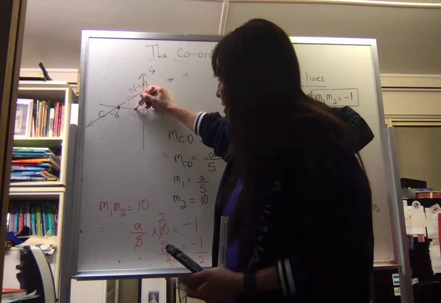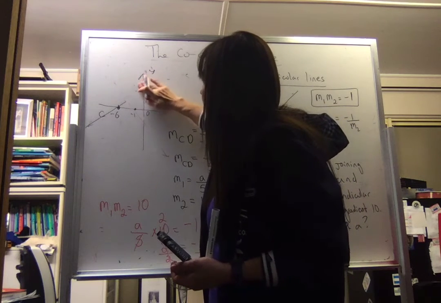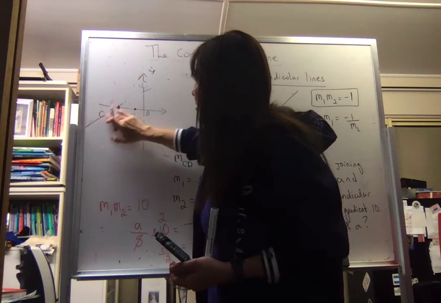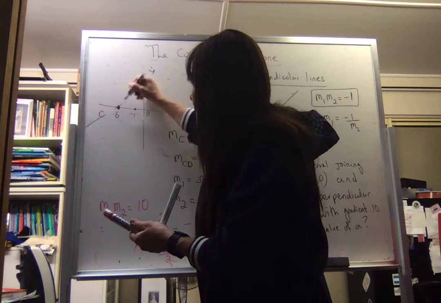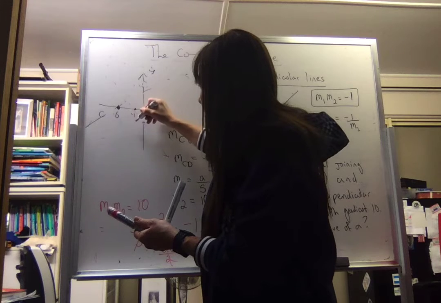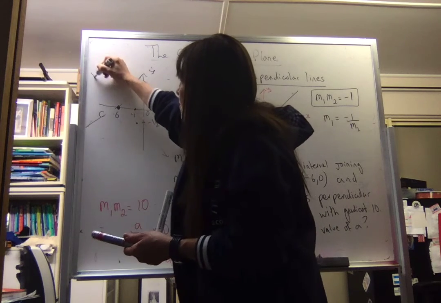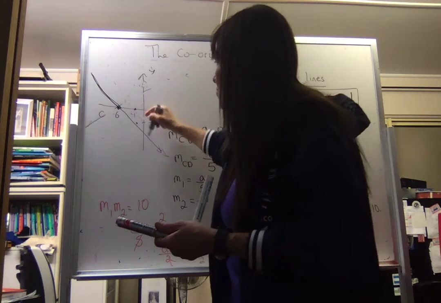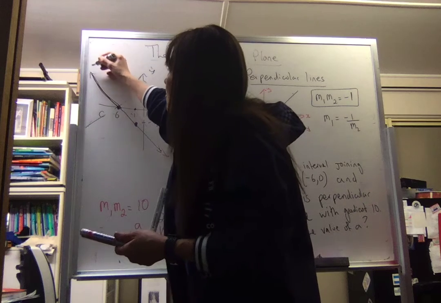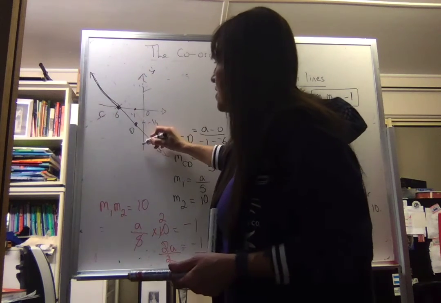So the point I'm looking for, D, is actually down here. So here's my C, D is negative 1, negative a half. So this is my line, and I should have seen that before because it was a positive 10. I don't know why I thought it was negative 10. Okay, so this is the interval CD.